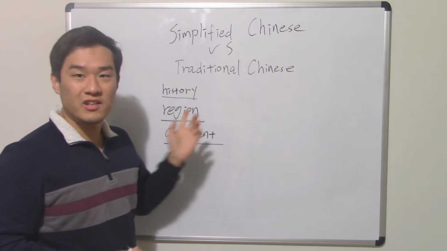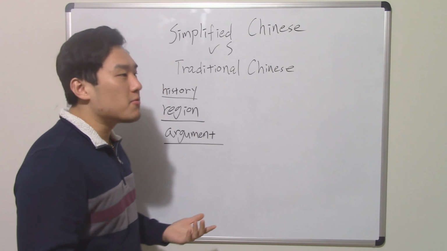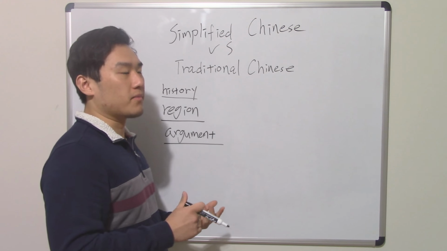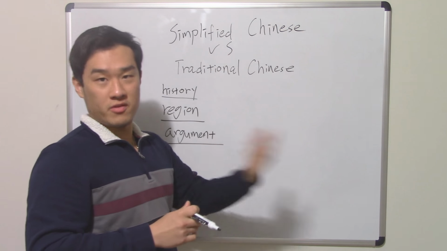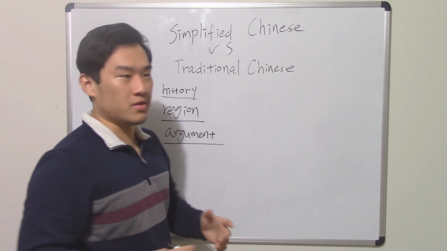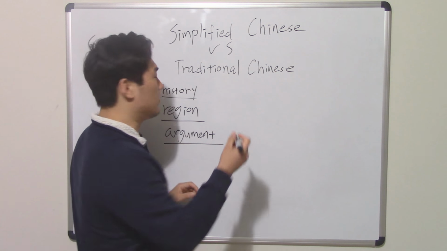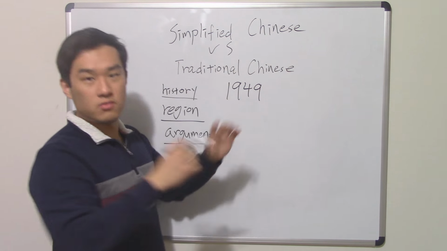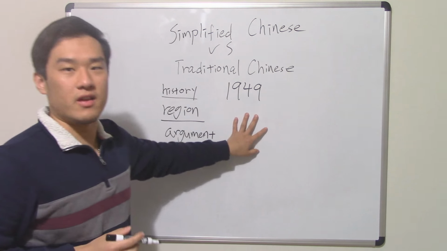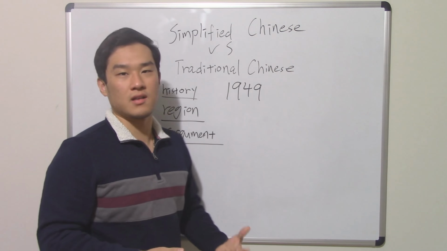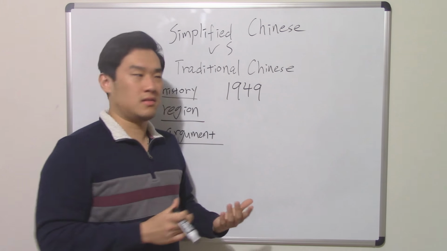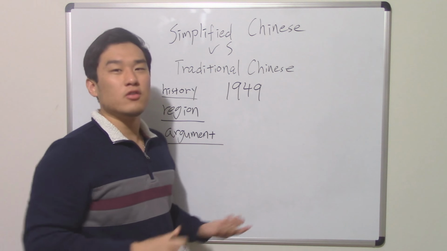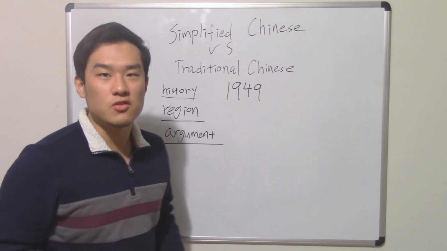So what's the history? There was a civil war in China, and the communist China took over, around 1949 or 1950. 1949 is when the new communist China was formed, and after that the communist China decided that when we write in Chinese, some words are very, very complicated to write, and too hard to learn, which is very time consuming.